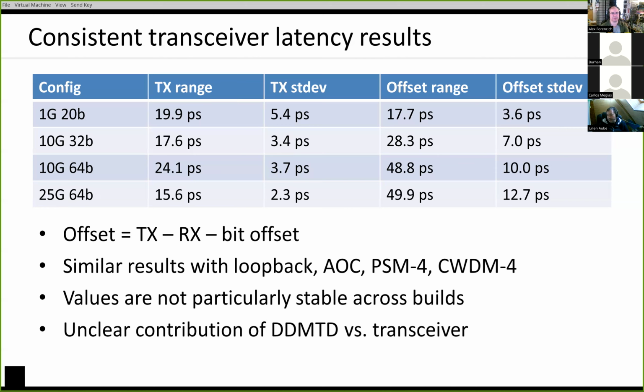And it's also unclear how much of the variance we're seeing here is from DDMTD versus whatever is inherent to the transceiver itself, because obviously there's some stuff going on in the transceivers on the TX side to do the buffer bypass, and on the RX side, you've got the buffer bypass. Potentially there's something going on there, plus the CDR logic that's potentially going to be moving stuff around too.